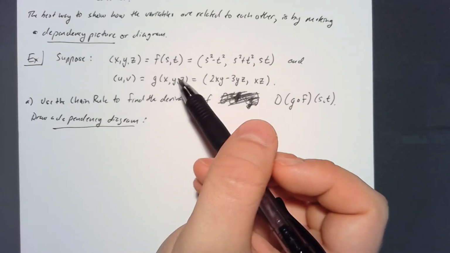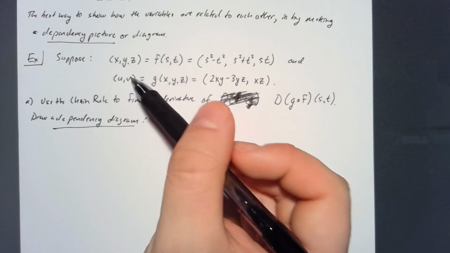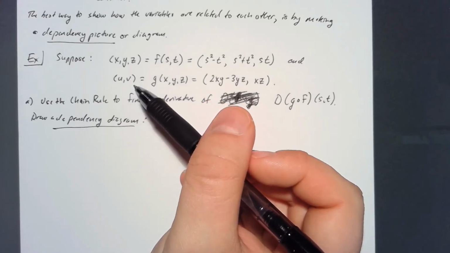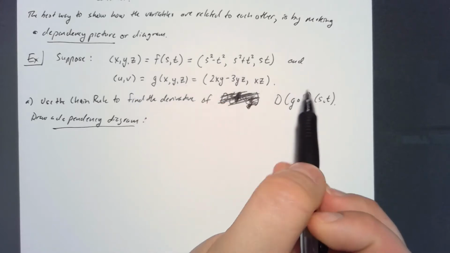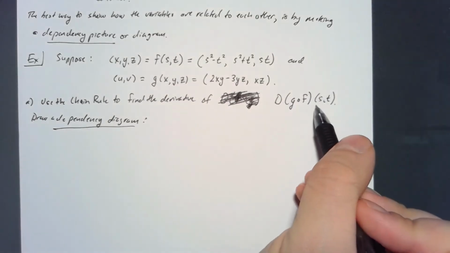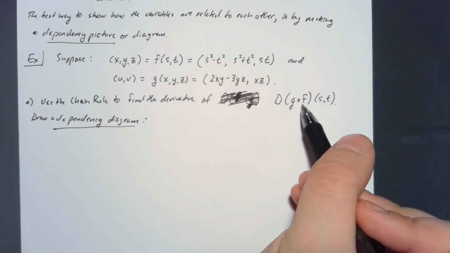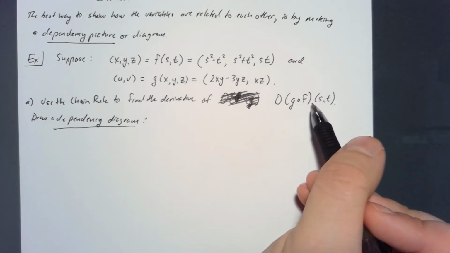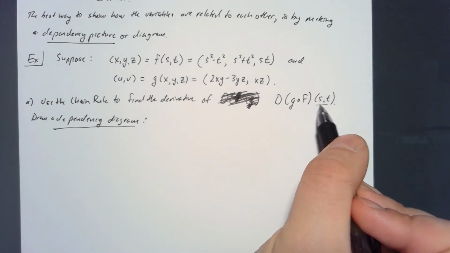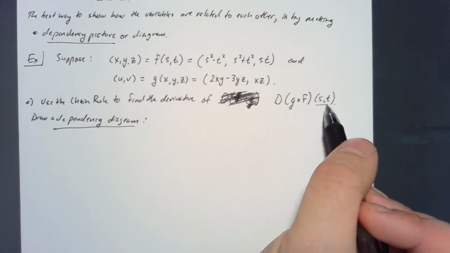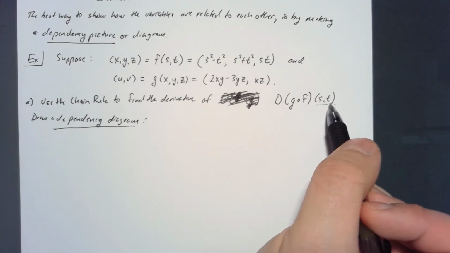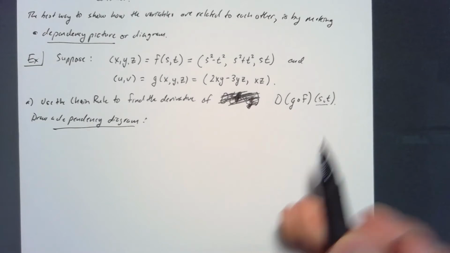So how do the variables relate? Since I'm taking the composite function of g composed with f, and my variables are going to be s and t, that means my ending variables in my diagram are going to be s and t.